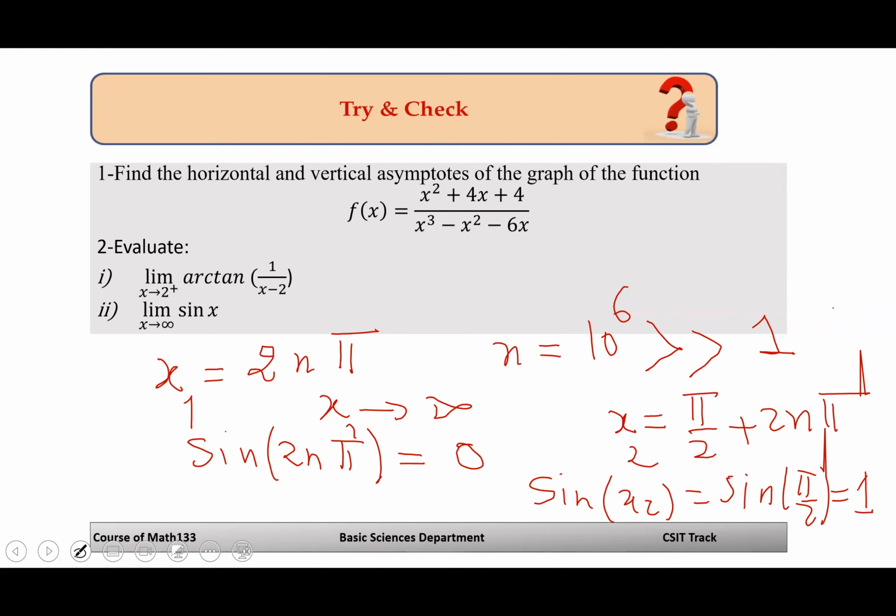So I took two values x1 and x2, both of them going to infinity, but one gives 0 and the other gives 1. So it's not one single value that makes the limit. That's why the limit does not exist here.